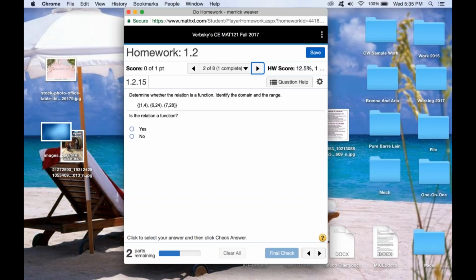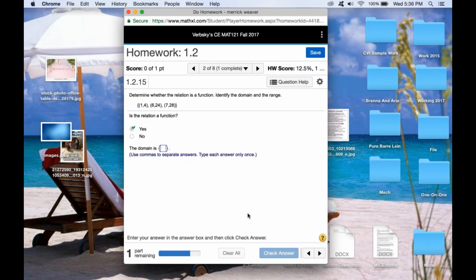Now, yeah, you don't see any identical numbers there anywhere, right? No. It's a function automatically. Oh, so if there's no identical numbers, it's a function? Okay, cool. What would not make it a function is if you had a 1 comma 4 and you also had a 1 comma 28.